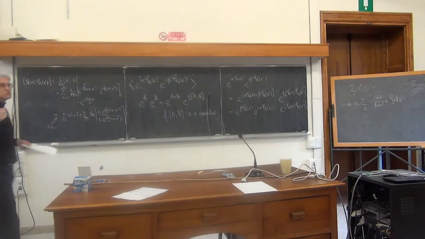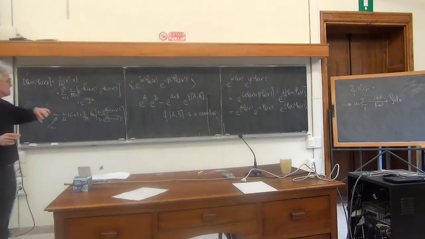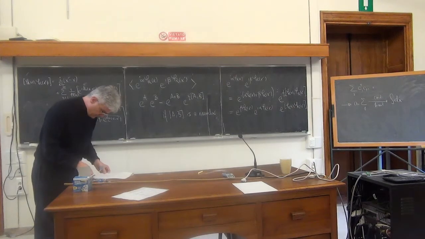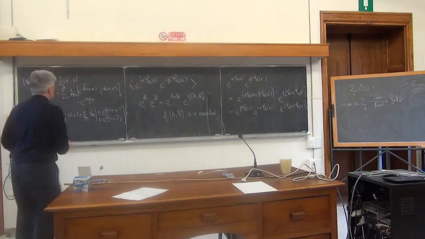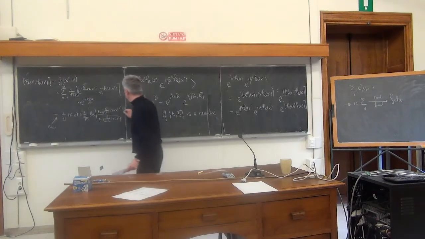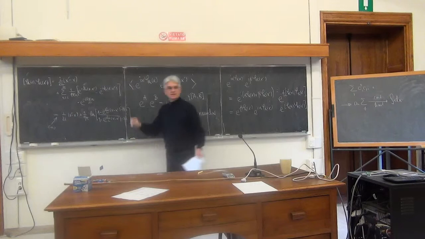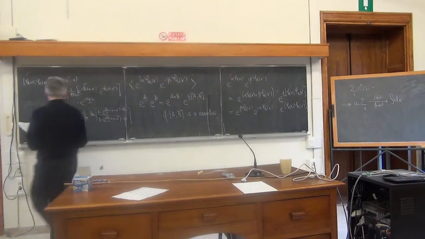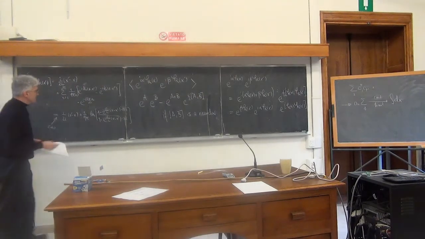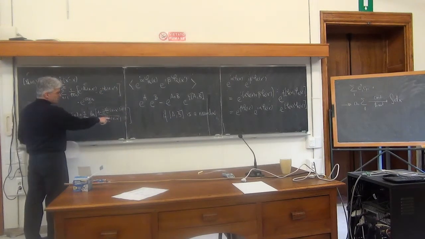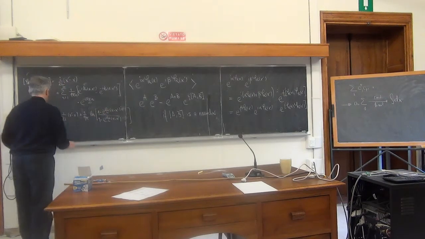So you do the usual thing: you introduce a regulator, you take the sum, and then you take the limit. If I wanted to keep it, it would actually be here, minus 2 pi epsilon, but then you see I can take it to 0. Now you can take the logarithm, because the numerator is exactly the inverse of the denominator.